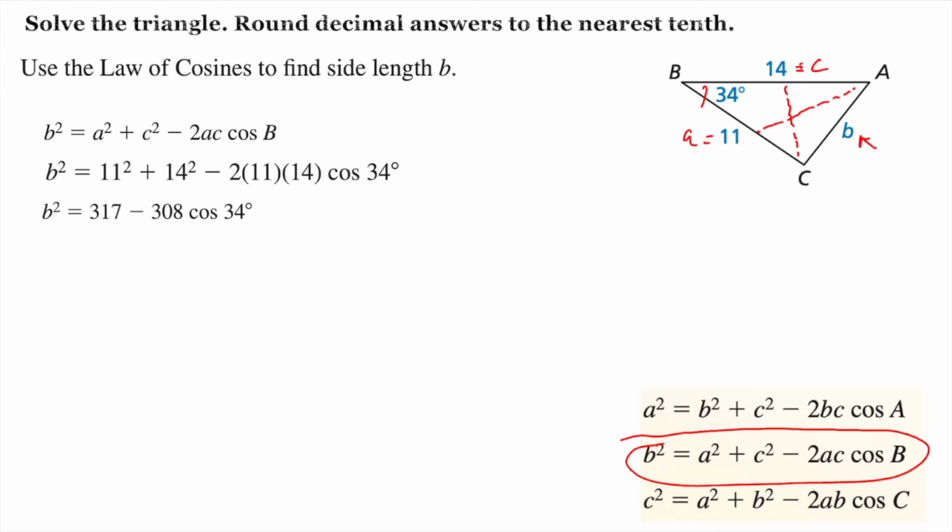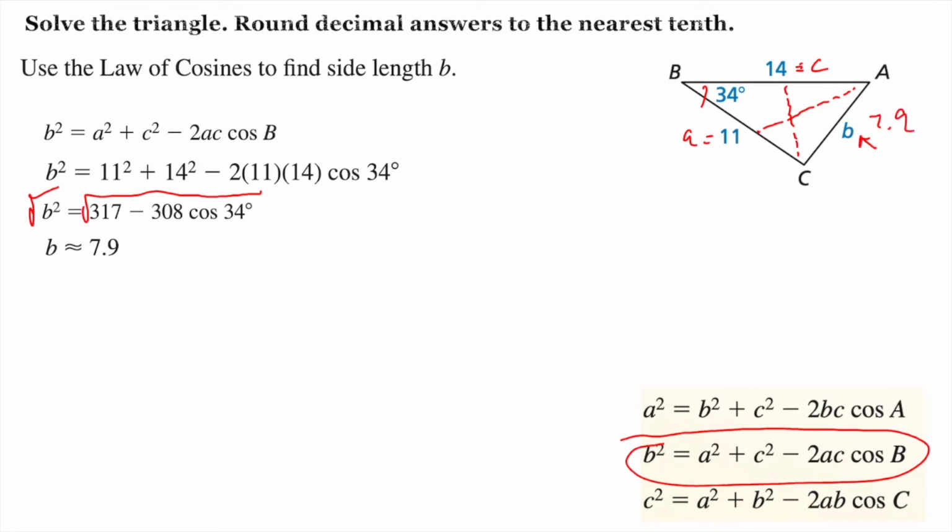So 11 squared plus 14 squared is 317 minus 308 from 2 times 11 times 14. And that is approximately 7.9. The way to get there is take the square root of both sides, put that exactly in your calculator, and you will get approximately 7.9.